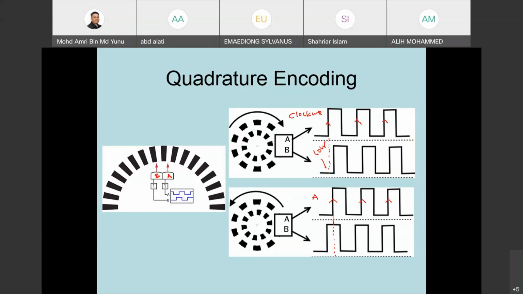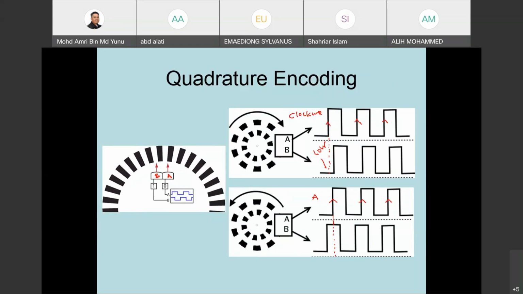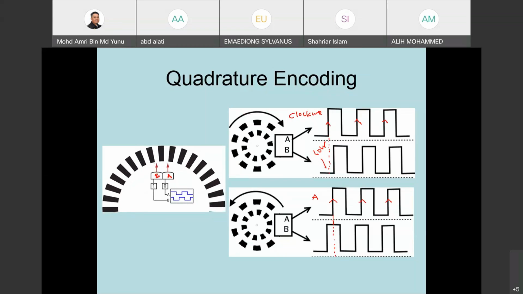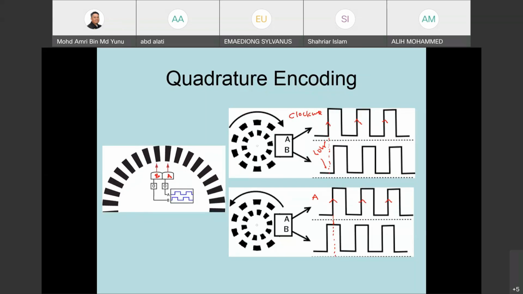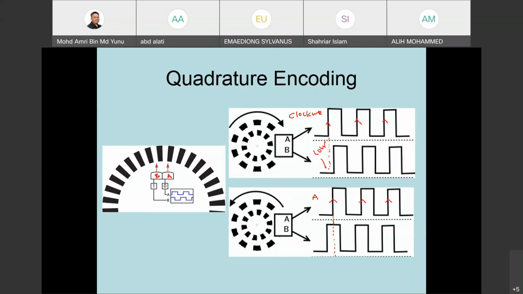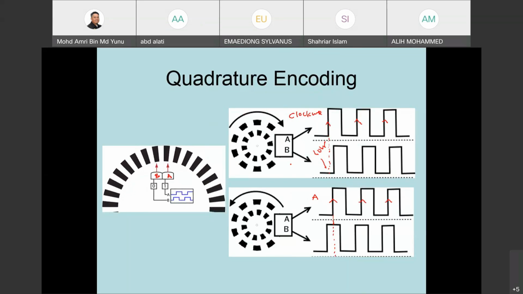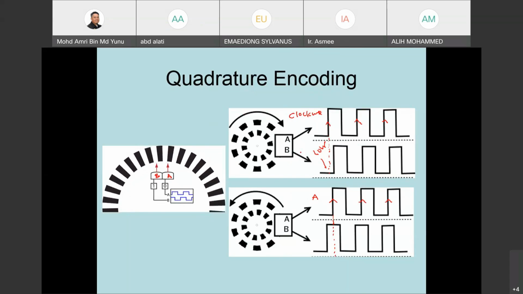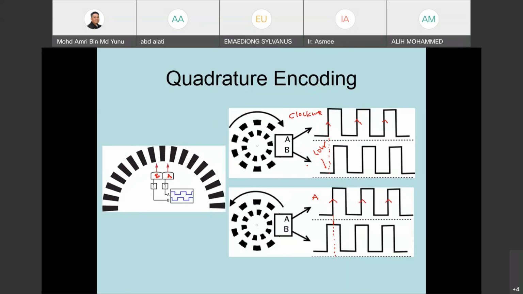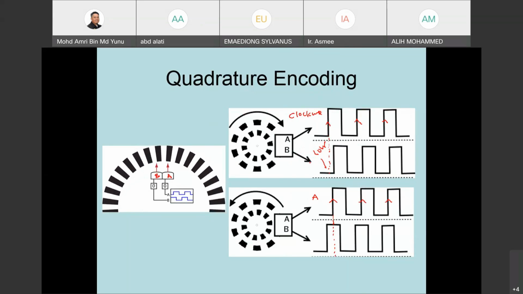is by using quadrature encoding, which uses two detectors side by side. So basically detectors A and B will have outputs with a slight phase shift between them.